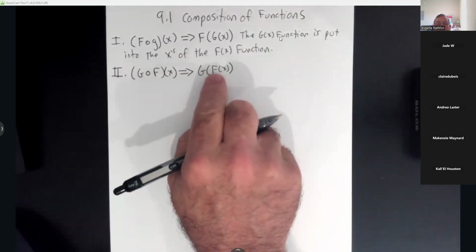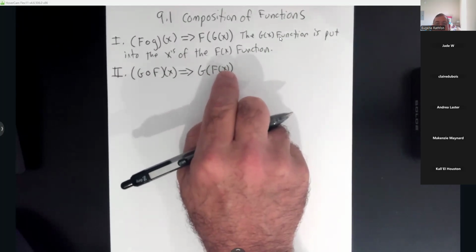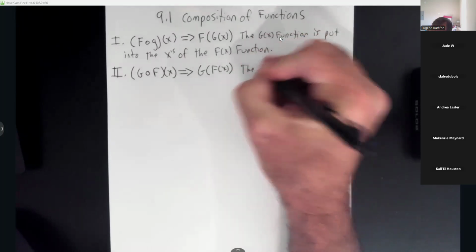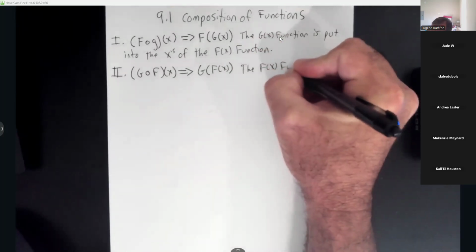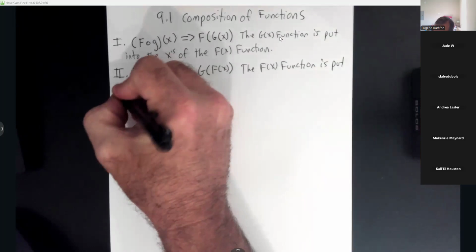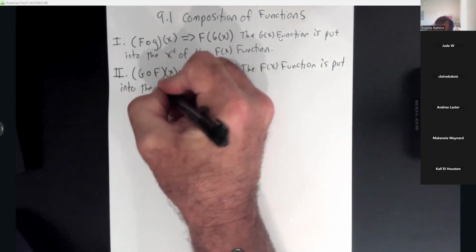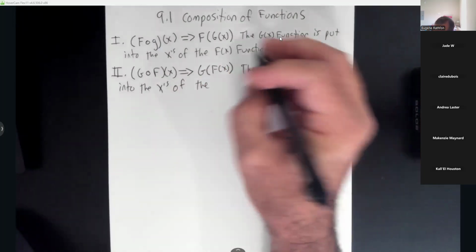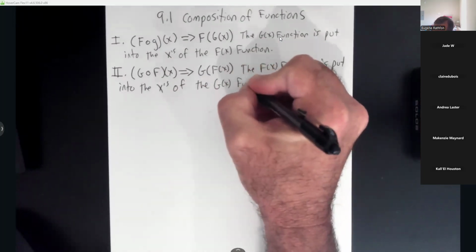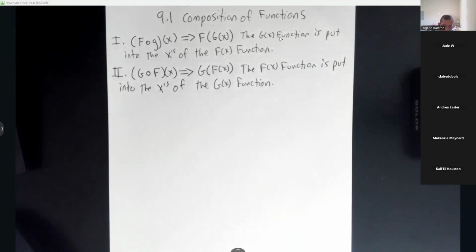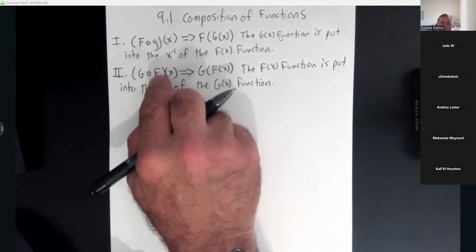So in this situation, the whole f of x function is put into the x's of the g of x function. That's the symbolism we're looking at for today.